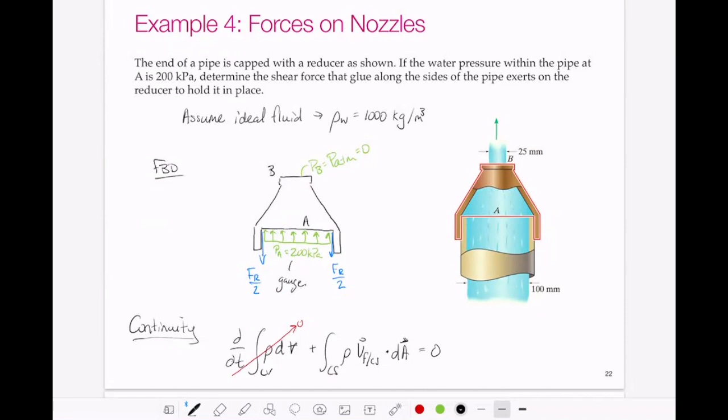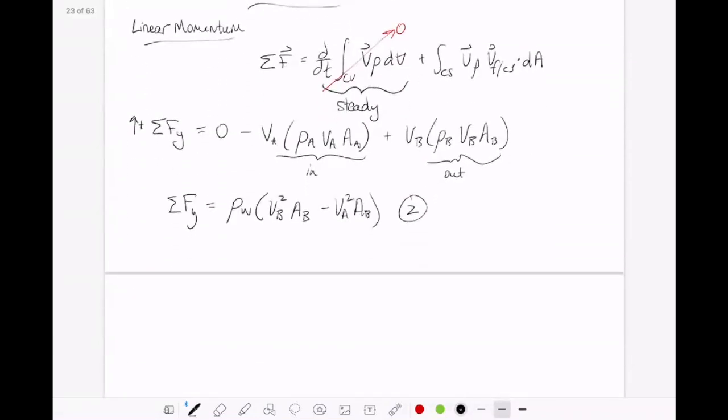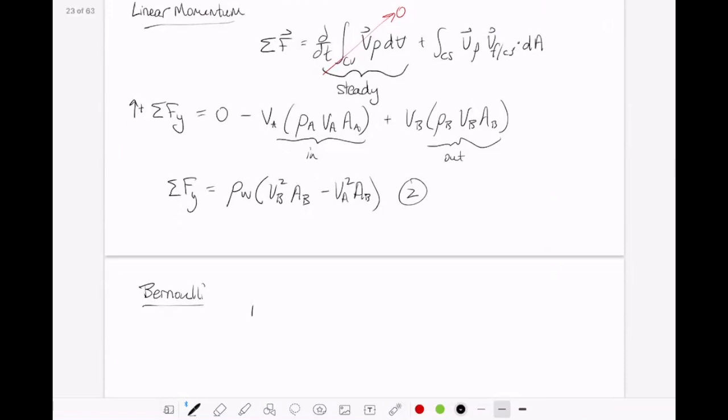Yeah, great. We need to use Bernoulli. So let's now write Bernoulli. If we write it from point A to point B, we have pressure at A over gamma plus VA squared over 2g plus ZA is equal to the pressure at B over gamma plus VB squared over 2g plus ZB.